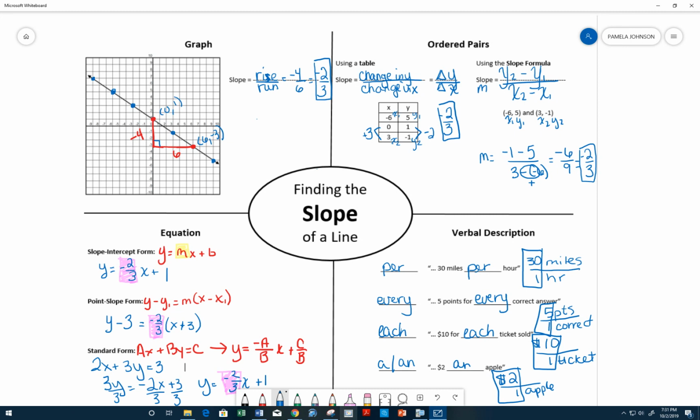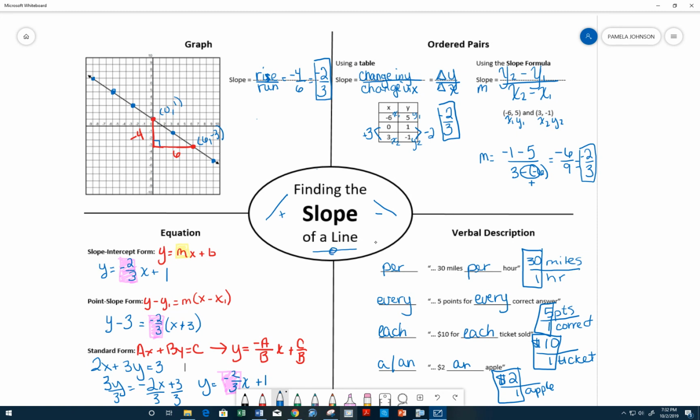Okay, so those are your notes today for finding the slope of a line. Okay, and remember, your slope could be positive if it's going up from left to right. It could be negative if it's going down. You could have a zero slope. Okay, a zero slope is that horizontal line.